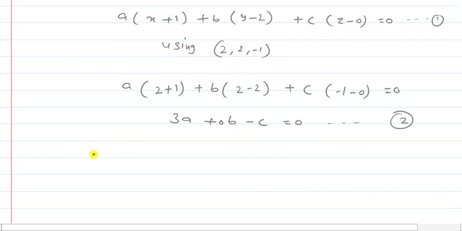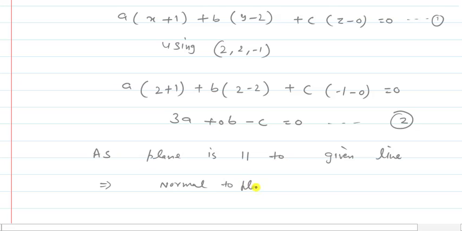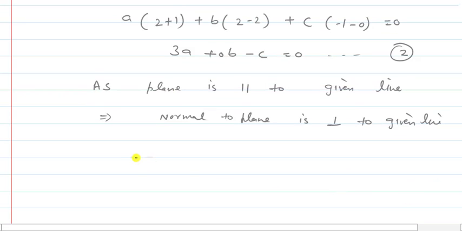So we'll write the same reason as plane is parallel to given line implies normal to plane is perpendicular to given line. Therefore, we have a plus 2b minus c is equal to 0.